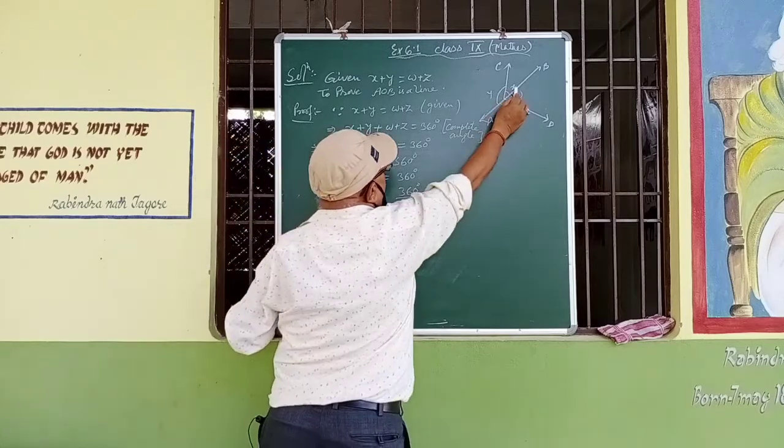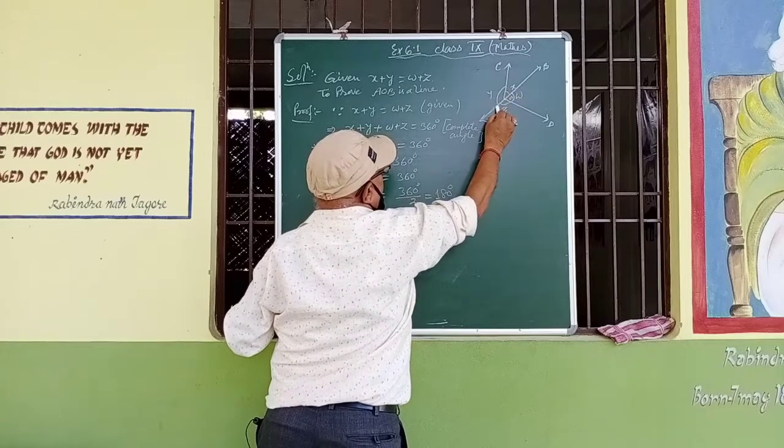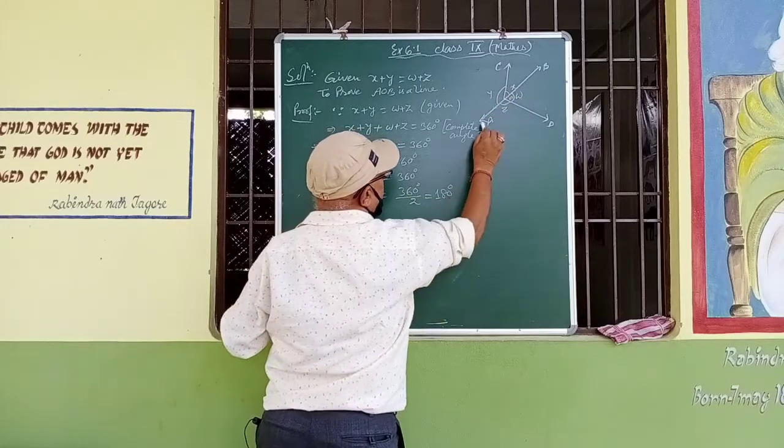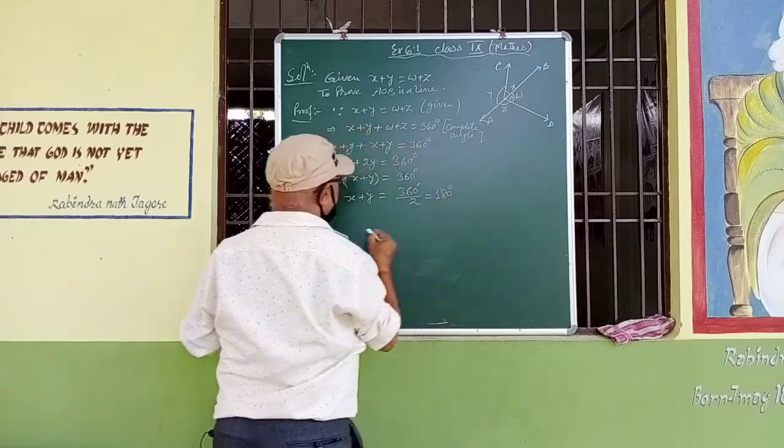That means x and y, this angle is 180 degree. That means AOB is a line.